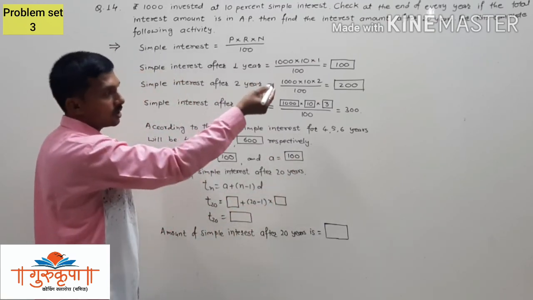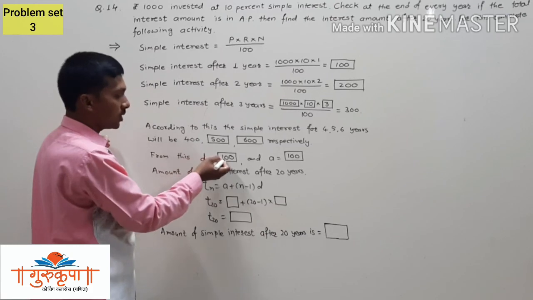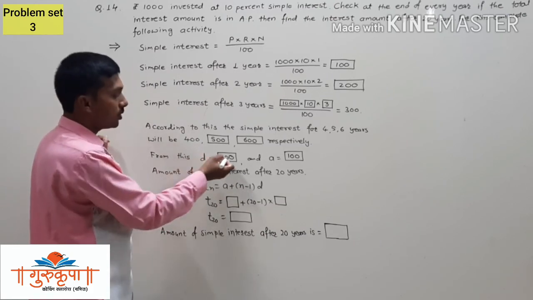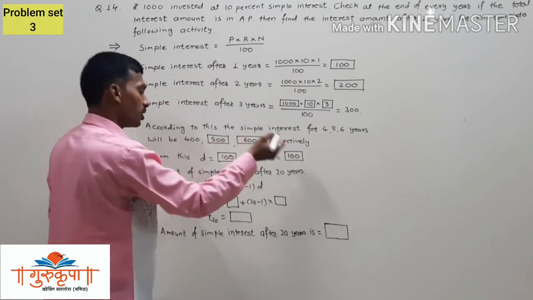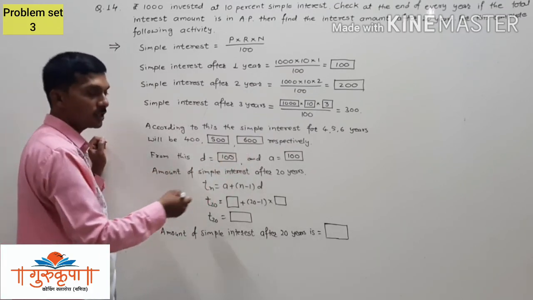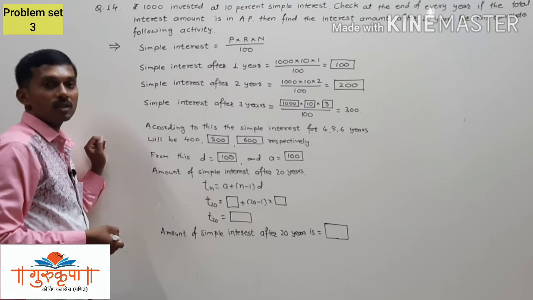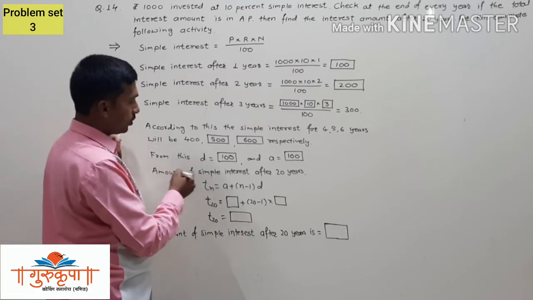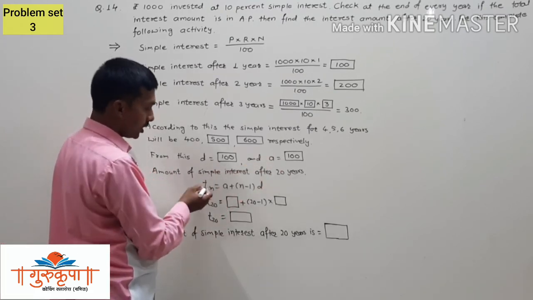Second term is 200. Difference between them is the common difference, that is 200 minus 100, which is 100. First term is 100. Now we have to put these values in the formula for finding the general term of an AP. We have to find the amount of simple interest after 20 years, and that is T20.